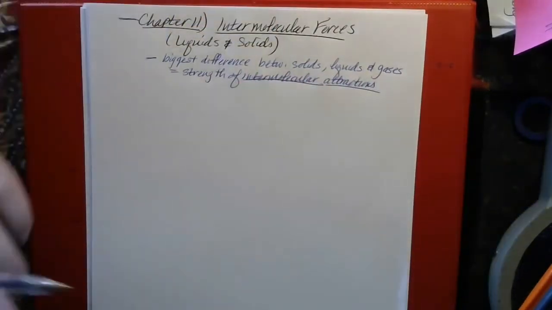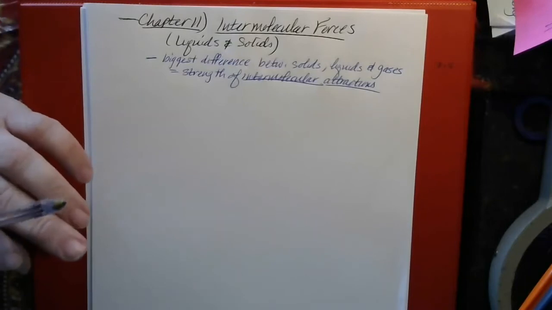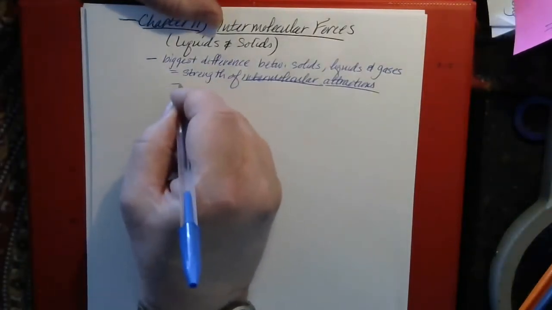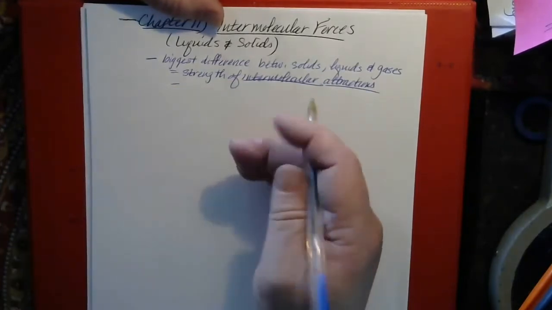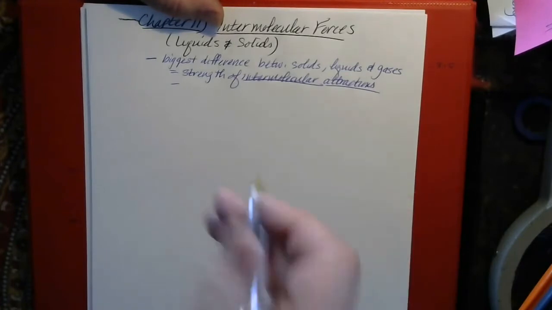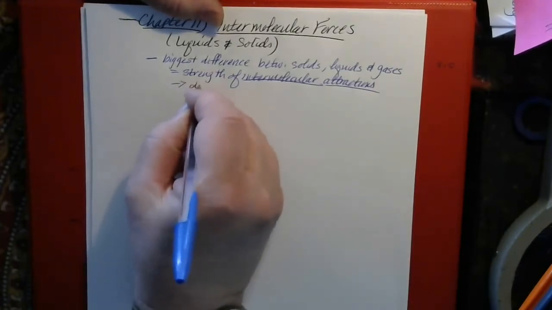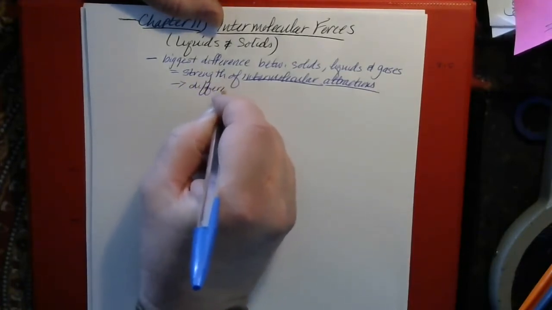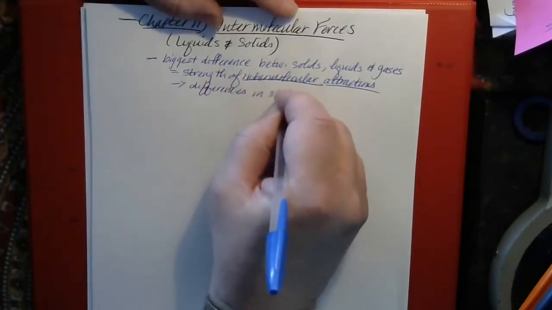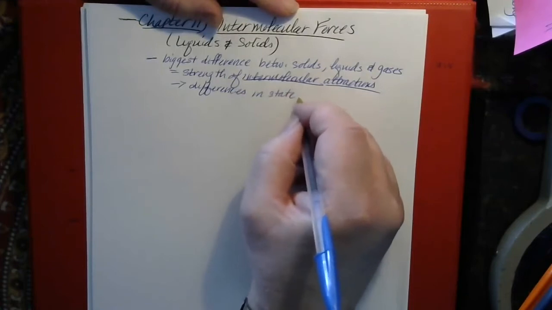So how strongly attracted are the particles towards each other? The difference in intermolecular attractions leads to differences in density and other properties, in addition to state or phase.